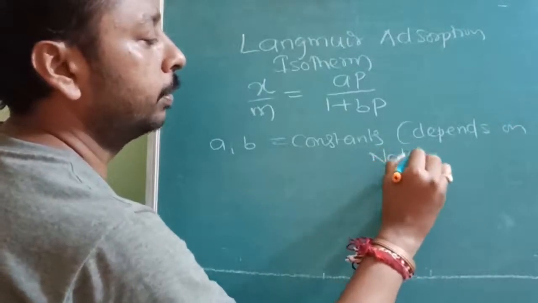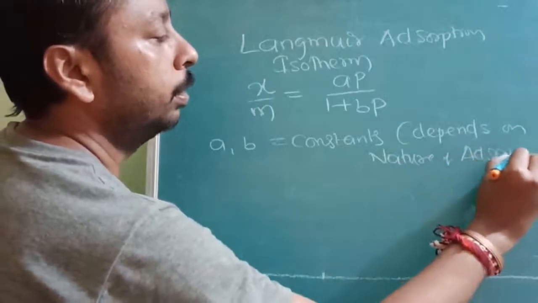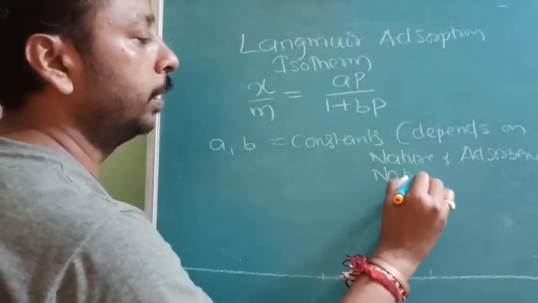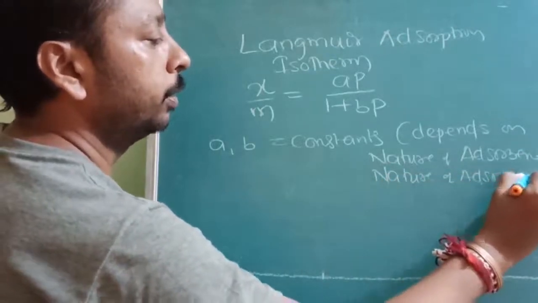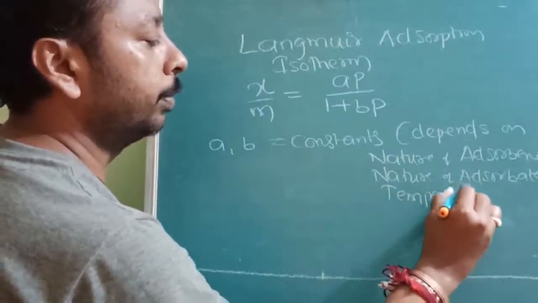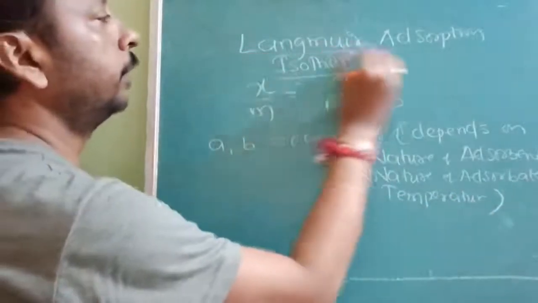the first one, the nature of adsorbent. Depends on what? Nature of adsorbent. Then the second is the nature of adsorbate. A and B depend on these factors, and temperature. So this is called the graph and the formula.